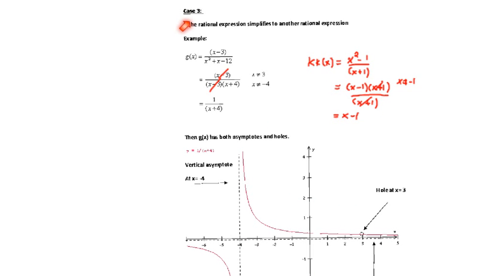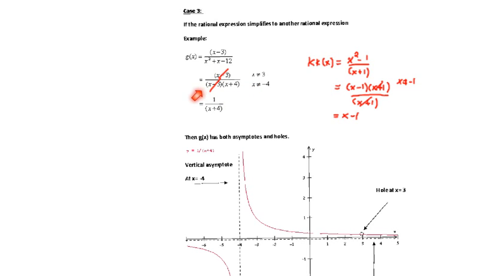The third case is what if we have this rational function, for example, x minus 3 divided by x squared plus x minus 12. When we factor the rational function, we'll end up with two restrictions in the denominator. The x can't be 3, that comes from this bracket, and x can't be -4, which comes from this bracket. So we know that these are two restrictions.